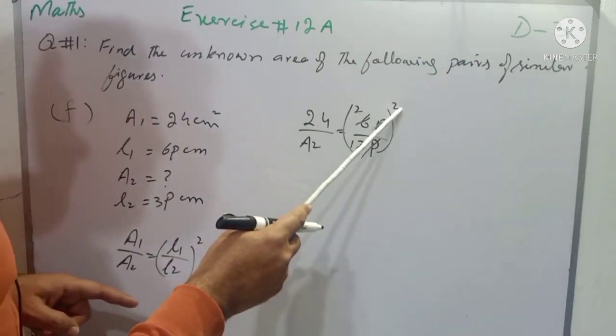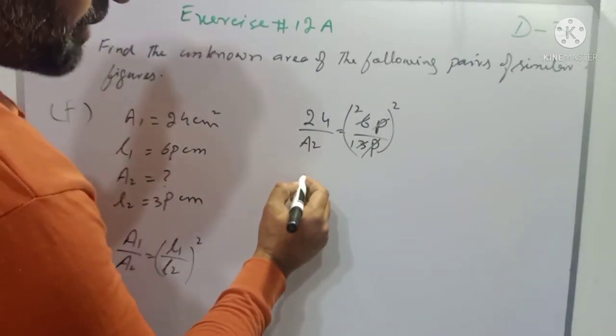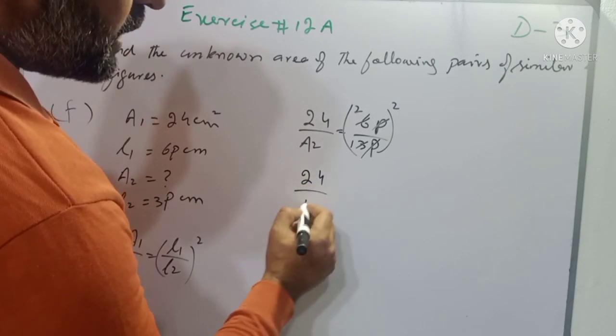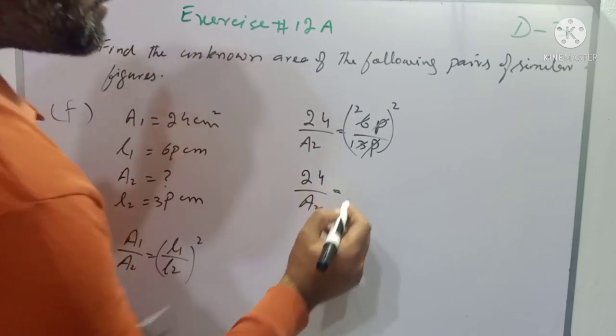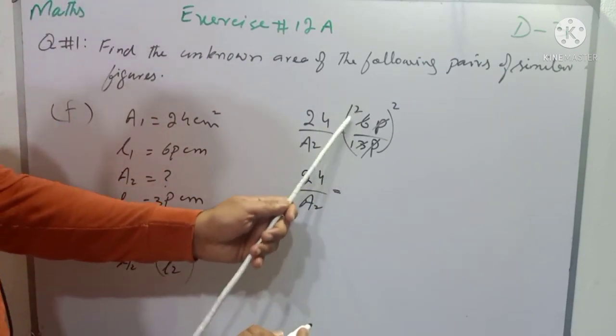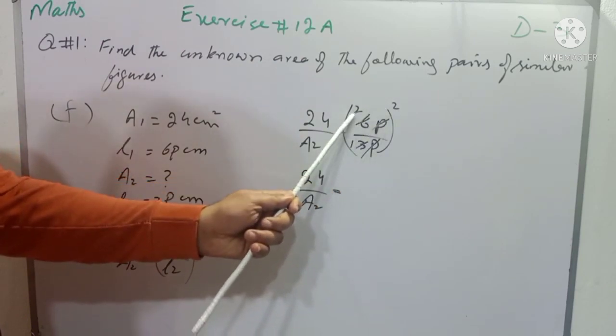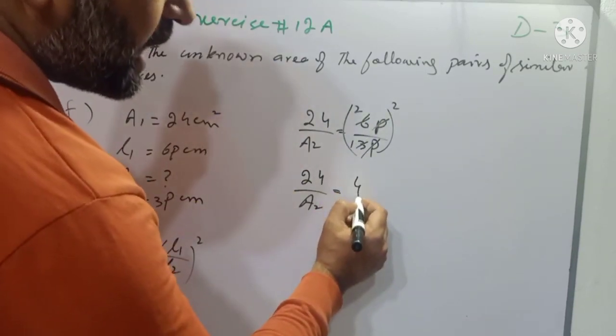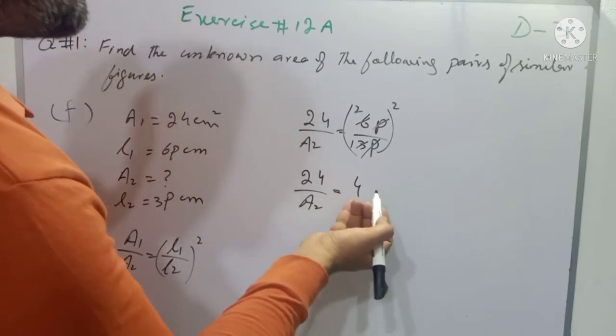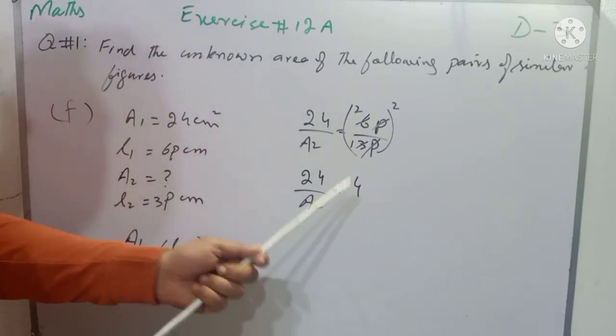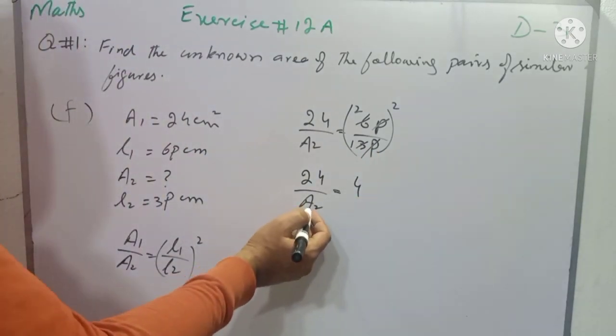So students, here we had to apply the square. So it will be, children, 24 over A2 is equal to 2 over 1 square, and when we take the square of 2 it will be 4, and when we take the square of 1 it will be 1, so we need not write 1 as denominator.